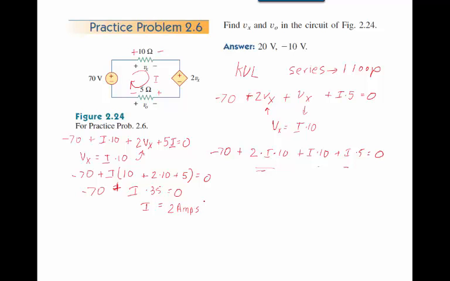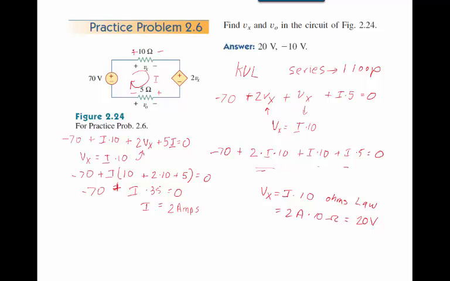Let's see, they didn't ask me what I was, they asked me what these voltages are. So I already said what Vx was. Vx is I times 10, right, from Ohm's law. So that's 2 amps times 10 ohms. So it ends up equaling 20 volts.